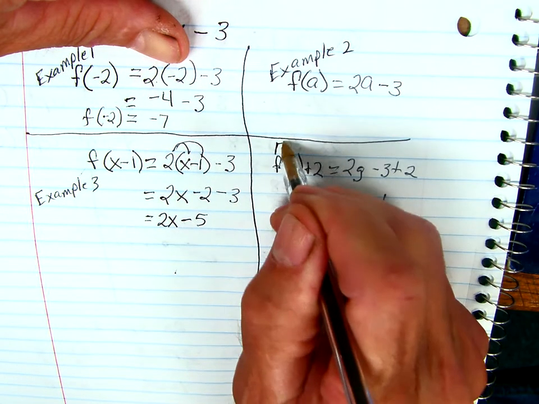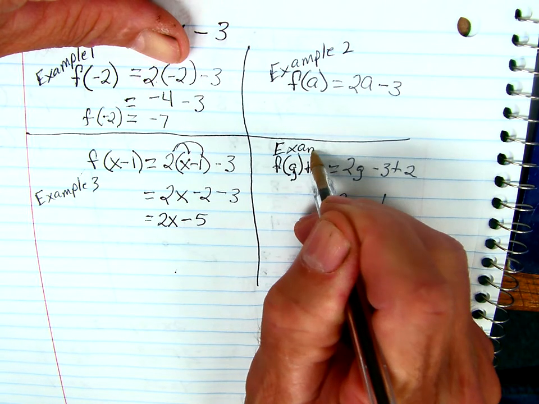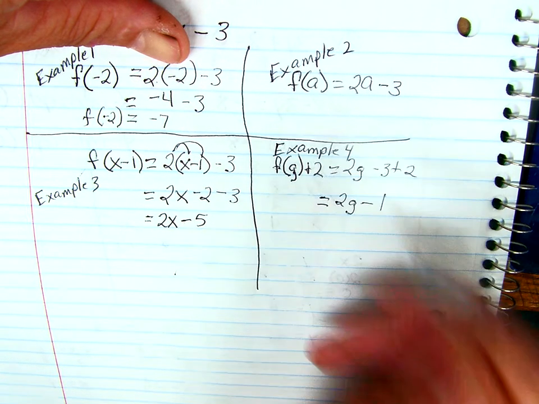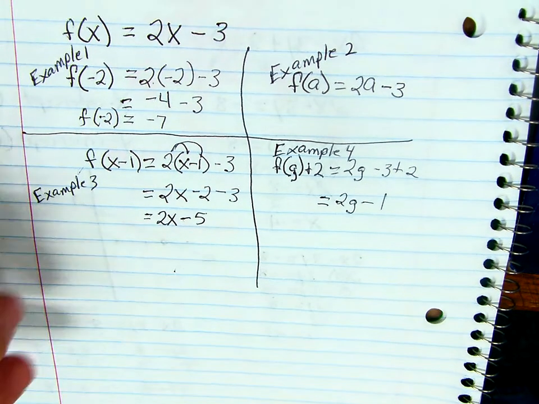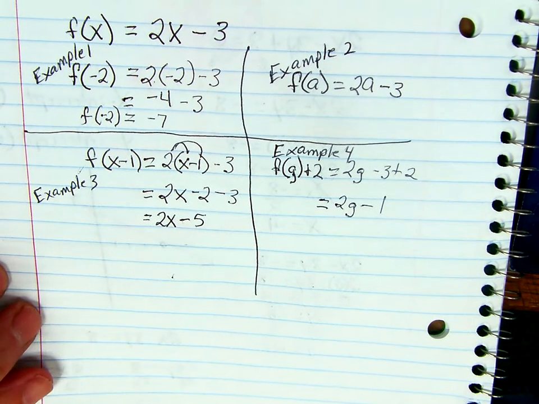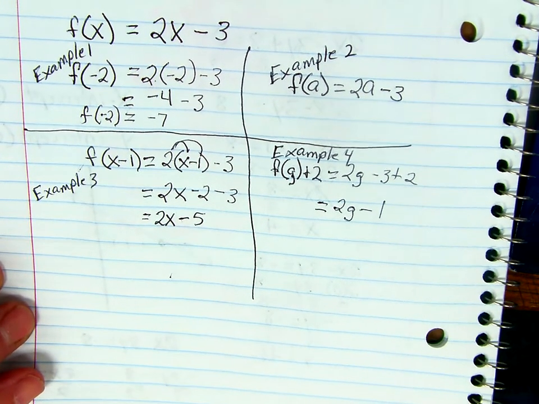That's example 4. I'm going to do one more example, and then I think you'll have enough to do your work. I think you probably could have done it anyway, but anyhow.